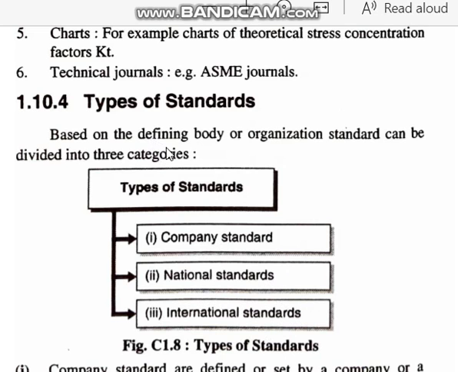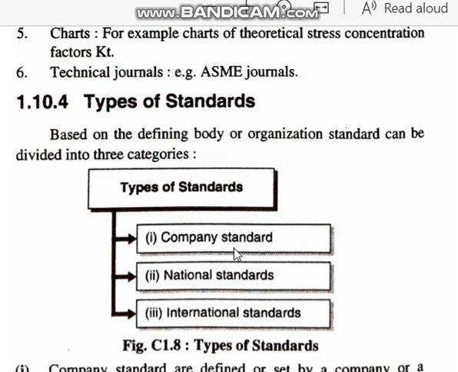But standards depend upon the defining body, the organization that is making these standards. If a company makes a standard, it is called a company standard, and it is followed by that company.